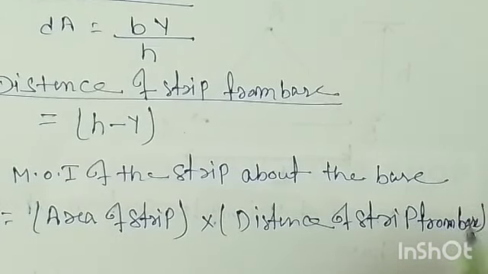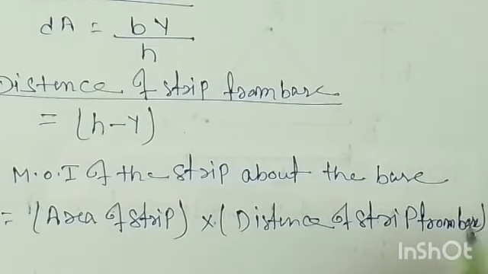So now see this. The equation you got is h to the power 4 by 2, h to the power 4 by 4, minus 2h to the power 4 by 3.